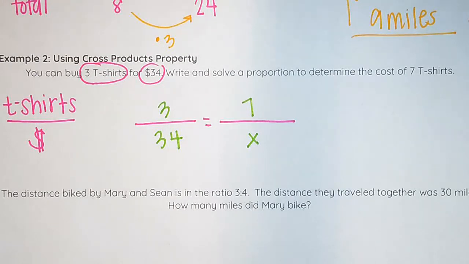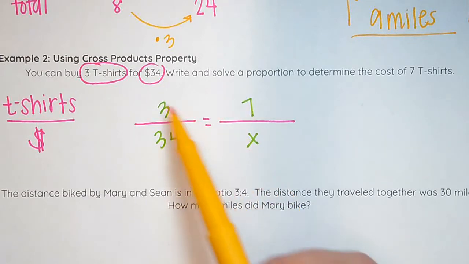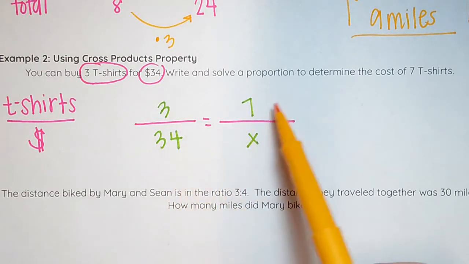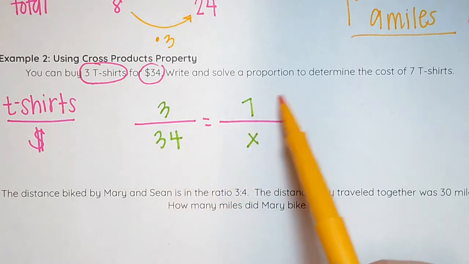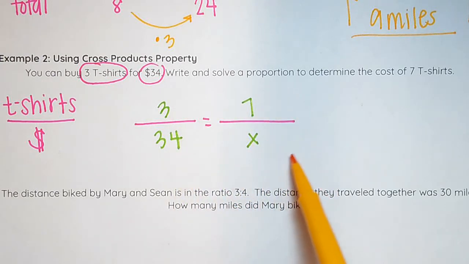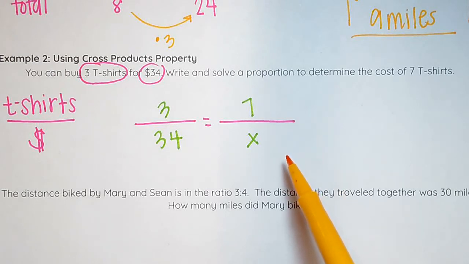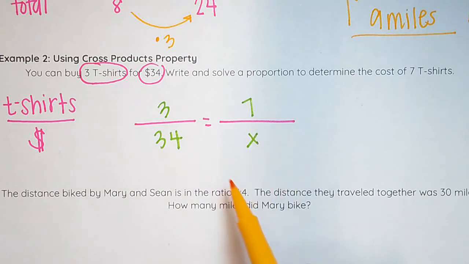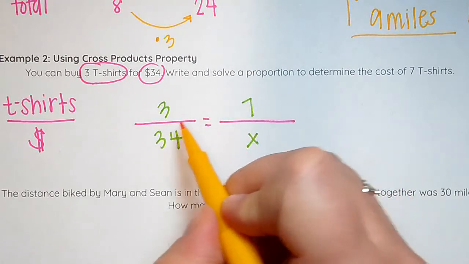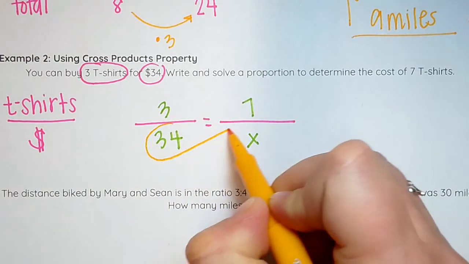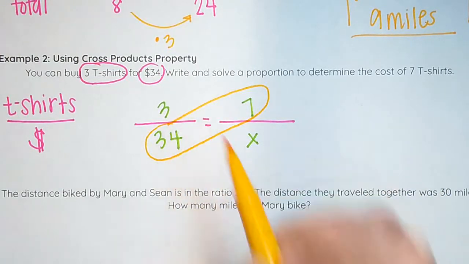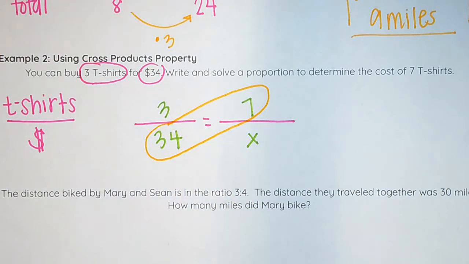We learned already that if I multiply across, whatever I get as my product, so 34 times 7 and 3 times whatever X is, if those are the same products, then they will be proportional. So how do I do that when I'm missing a value? Well, I start by multiplying across what I do have.